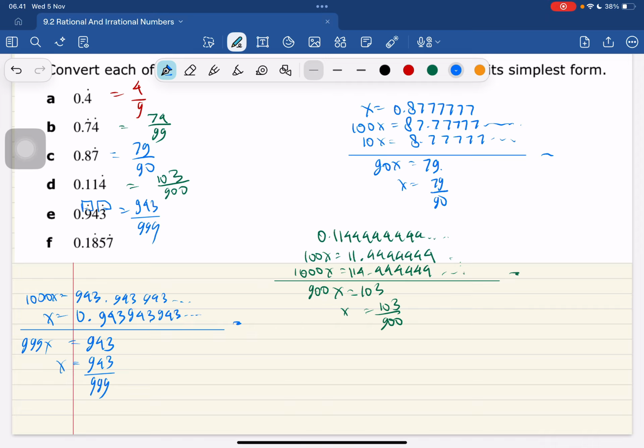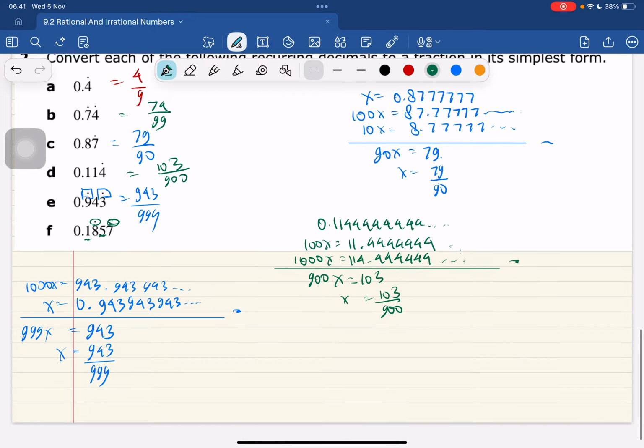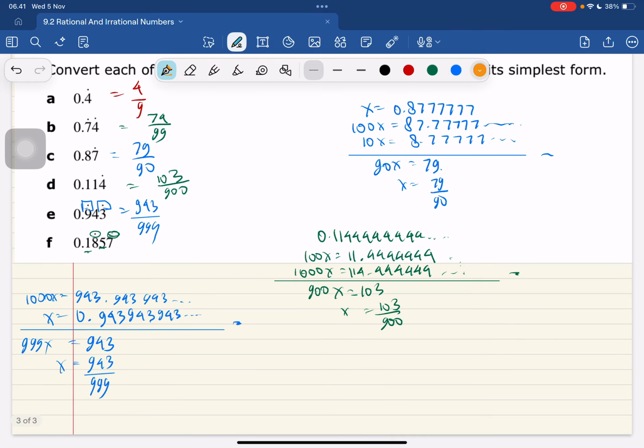Okay, next we have the last question, F. The dot is on the 8 and on the 7. Okay, if the dot is placed between the first and the last, so in the middle, then only those are repeating, and the one without a dot is not repeating. So we can write it here: 0.1857857 unlimited.